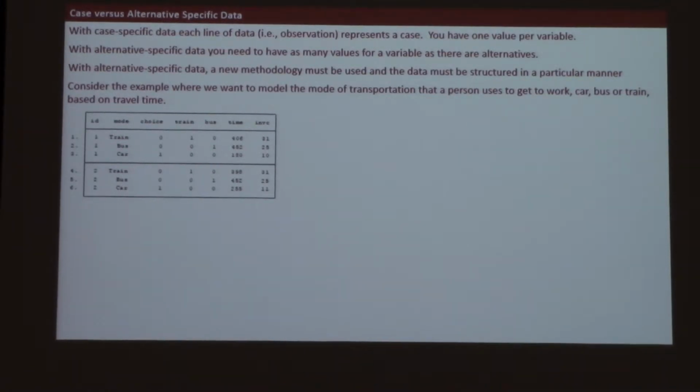And so each household observation is going to have 3 actual observations. So again, as many observations as you have alternatives for each individual purchase behavior. Does that make sense? It's difficult to say.